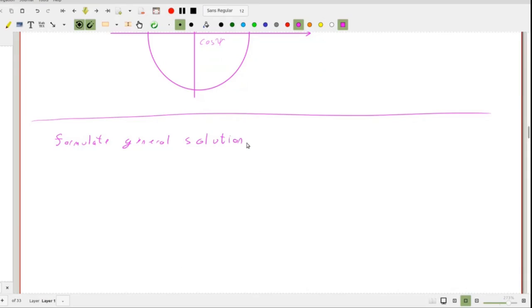Does anyone know what a general solution is? Right, mathematically, general solution. Take a stab at it. The generalized solution. Right, so we're looking for something that is just going to express our system in our general ODE formulation.